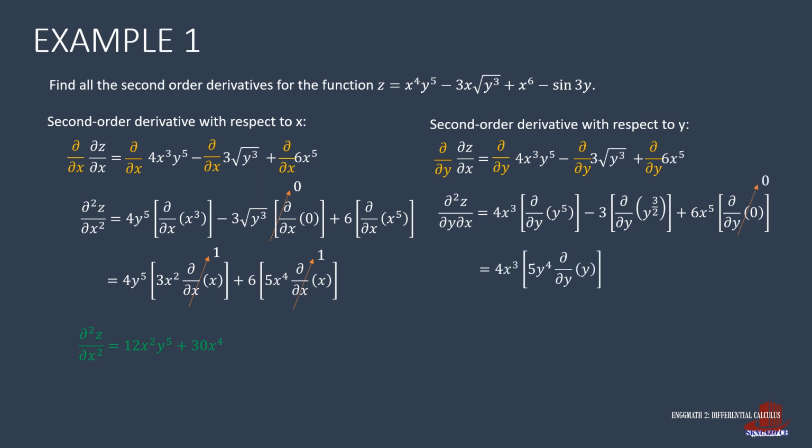So the function becomes 4x cubed times 5y raised to 4 times dy over dy minus 3 times 3 halves of y raised to 1 half with the derivative of y. So the second partial derivative of z with respect to y and x is 20x cubed y raised to 4 minus 9 halves of root of y.